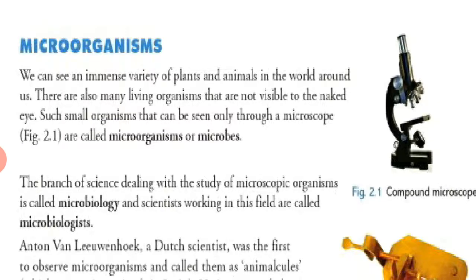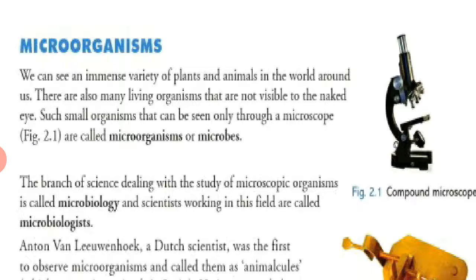We can see an immense variety of plants and animals in the world around us. There are also many living organisms that are not visible to the naked eye. Such small organisms that can be seen only through a microscope are known as microorganisms or microbes.